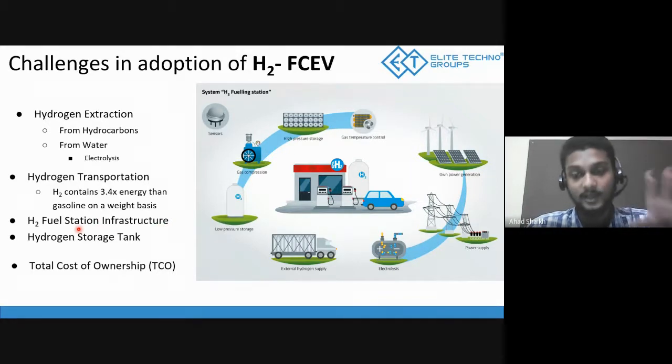Yes, there are companies doing great, and there are a lot of government initiatives and subsidies for setting up the charging infrastructure. But this is the challenge we are facing in adopting electric vehicles, and the same challenge we will face when we shift to fuel cell electric vehicles: setting up the lines to distribute hydrogen to all the outlets. So this will be one of the key challenges.